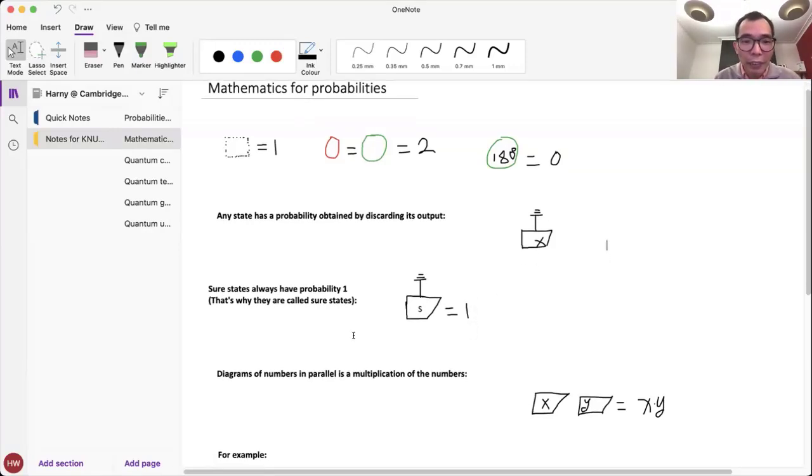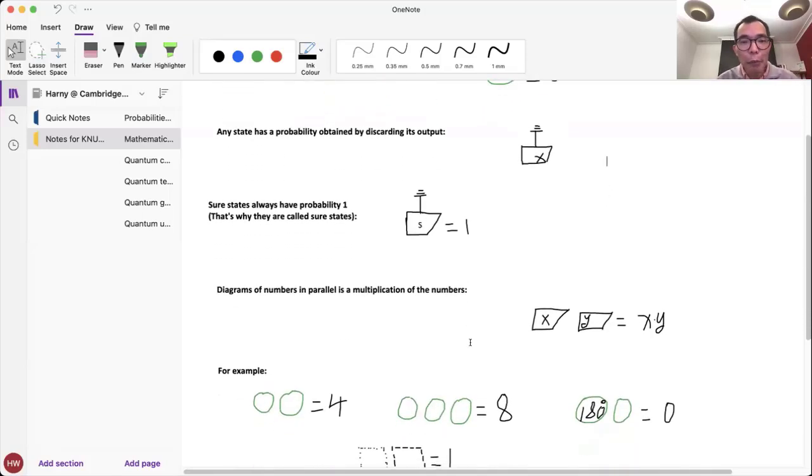Especially, we learned about the short state before, right? The short state is a state which has probability 1. That means you will definitely have this state. That's why, if we discard the output, it's called a short state.